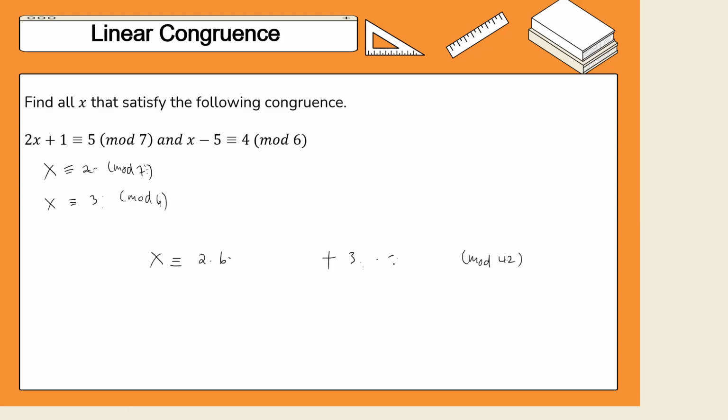So 7 in this case, because there are only 2 moduli, we write 7 instead. Okay, and then make sure we multiply with its inverse. So 6. What is the inverse of 6 modulo 7, guys? What do you think is the inverse of 6 modulo 7?